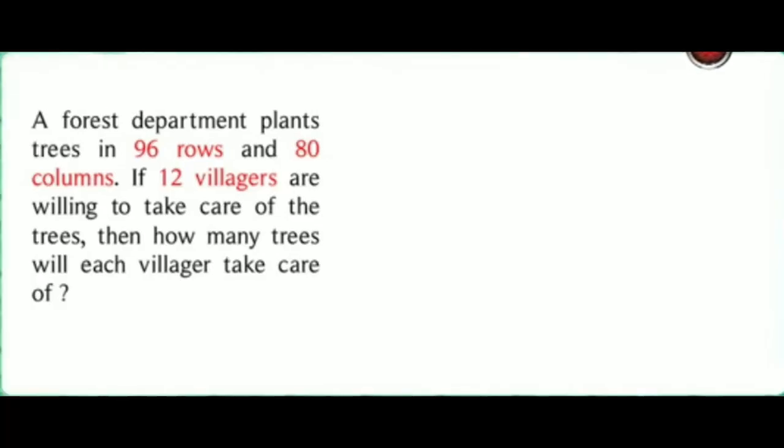A forest department plants trees in 96 rows and 80 columns. If 12 villagers are willing to take care of the trees, then how many trees will each villager take care of? The number of trees planted is equal to 96 into 80. The number of villagers is 12.